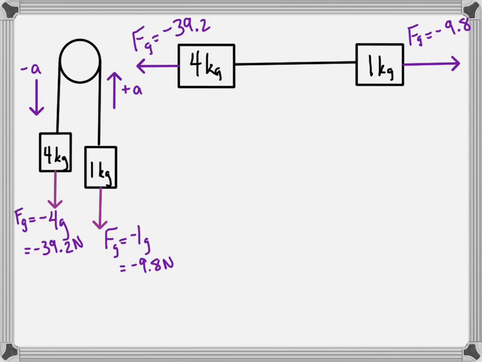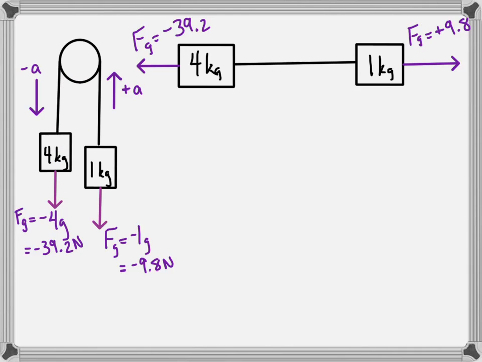Now that I've stretched this out horizontally, this force is going to become positive 9.8 instead of negative 9.8. And now we have a system that is completely in the horizontal direction, and it will behave just like this system will.